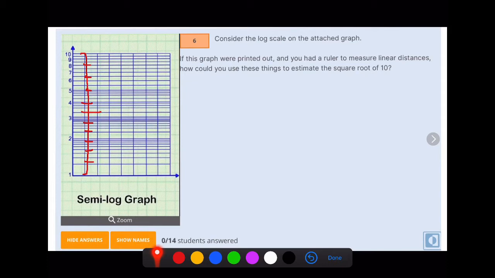And the highest is 1, 10 to the first power equals 10. Where could you find the exponent 10 to the 1/2 power? Well, it would have to be exactly 1/2 of the way between the 0 mark and the 1 mark. And you know how to measure something with a ruler and find the halfway distance.